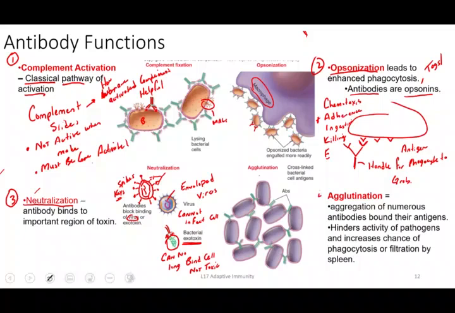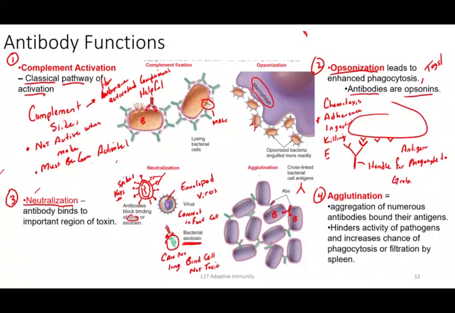And that's not all. There's a fourth function that we can talk about that's called agglutination, and that's shown here in this picture. And so again, if this is a bacterial cell, this is a second bacterial cell. Because each antibody has two antigen binding sites, one at the end of each arm, what you can see here is this one antibody is not only bound to this bacterial cell, but it's also tethering this bacteria to it.